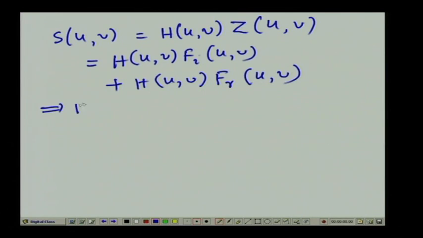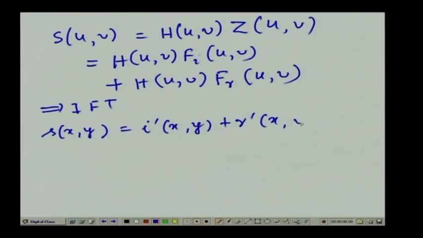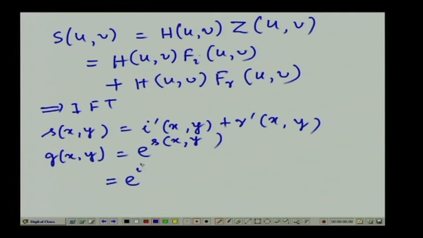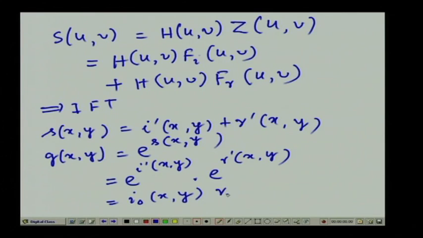Now, taking the inverse Fourier transform, I get s x y equal to i dash x y plus r dash x y, and finally, I get g x y, which is e to the power s x y, which is e to the power i dash x y into e to the power r dash x y, which is nothing but i 0 x y into r 0 x y.